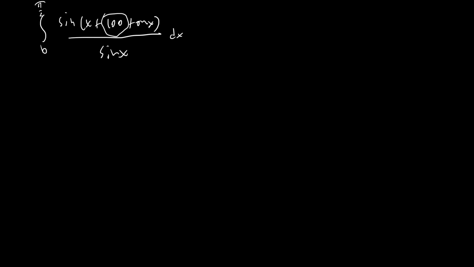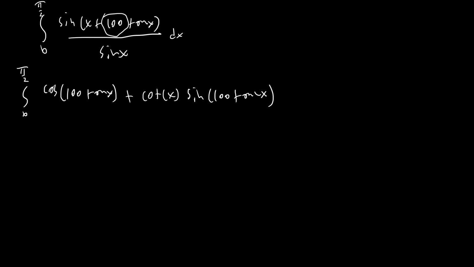We're going to just expand it using the angle addition formula here. So we're going to get the integral from 0 to pi over 2 of cosine of 100 tangent x plus cotangent of x, because we're going to have cosine over sine times sine of 100 tangent x, dx.